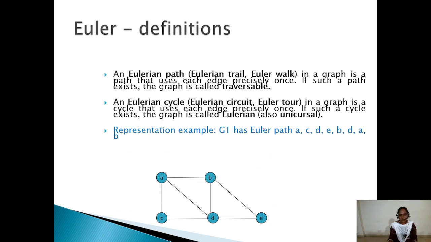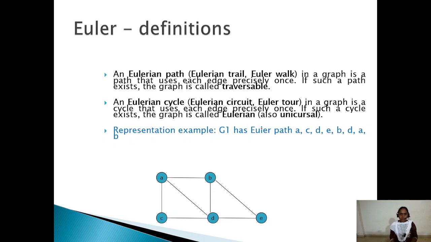Next, Euler circuit, Euler path, Euler walk, Euler trail. There are two types, Euler graph and Hamiltonian graph. First, let me explain the Euler graph. What is an Euler graph?